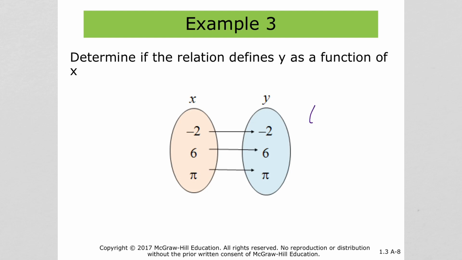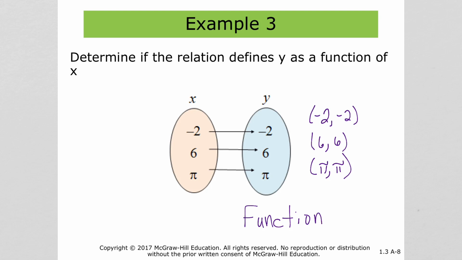This is called a mapping. You've got the ordered pairs -2, -2, 6, 6, and pi. And you can see that the x's are not repeated, so it is a function. If this were not a function, a mapping would look something like that, where you've got more than one arrow coming out of an x value.